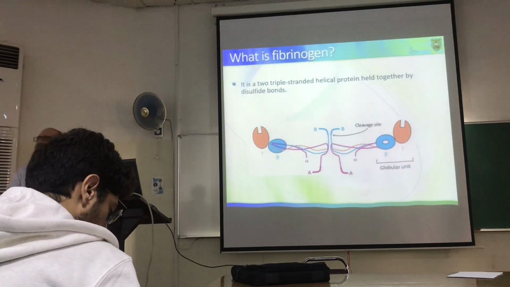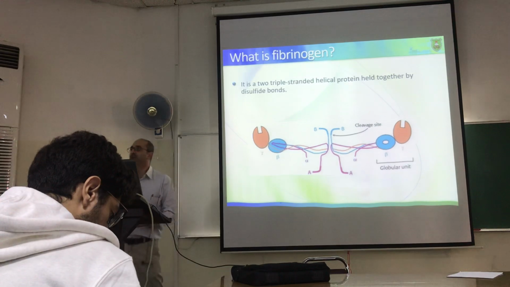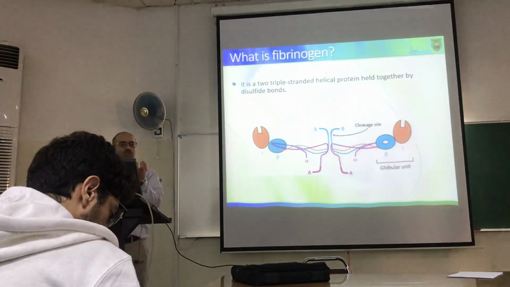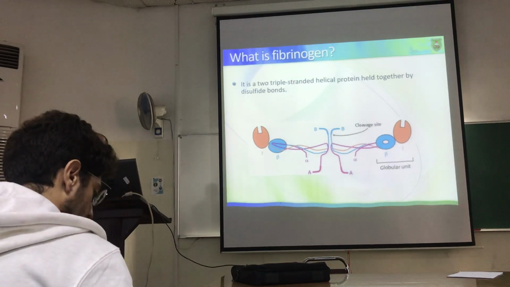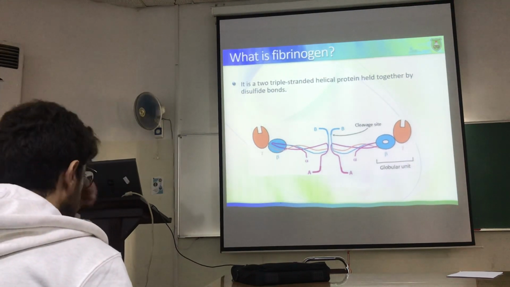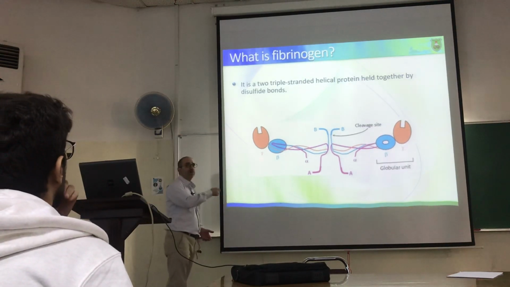Okay, what is fibrinogen? Now we have active thrombin. What does it do exactly? It acts on fibrinogen. Fibrinogen is a sort of matrix protein. It exists in blood, and that's how it looks. That's the fibrinogen monomer.